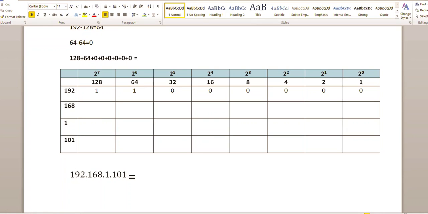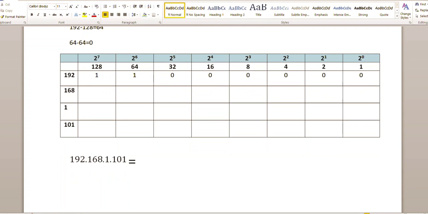So that will equal 192. We can always work our way back through the equation to ensure that we are doing the correct thing.